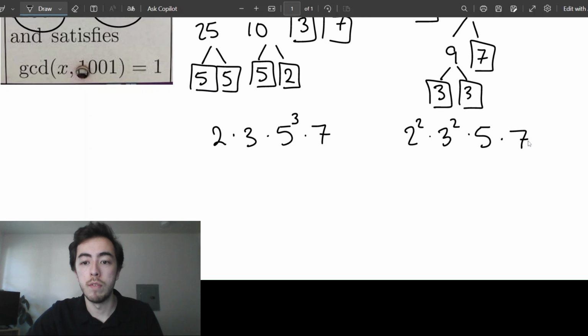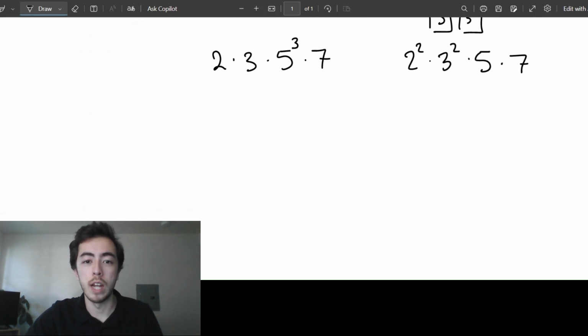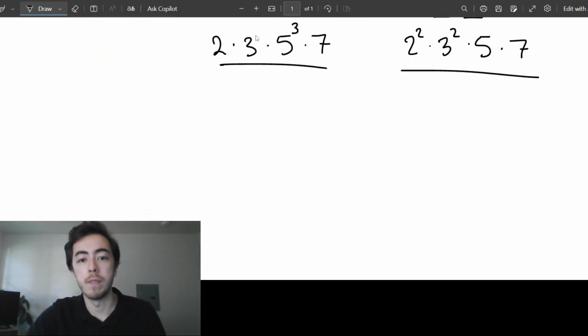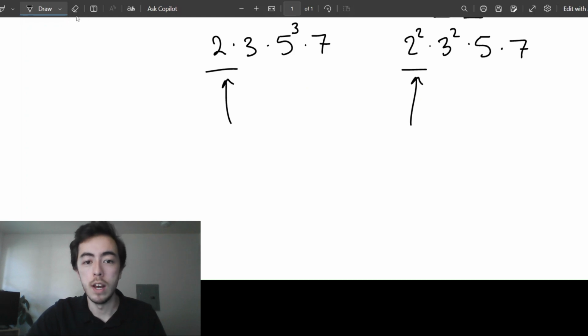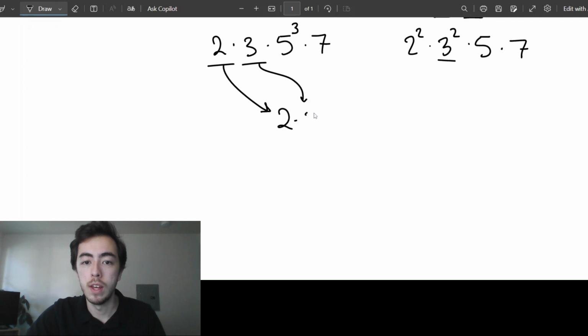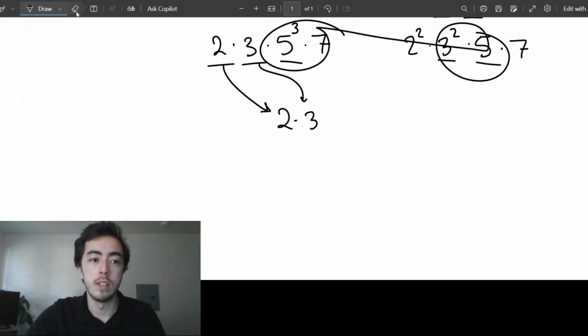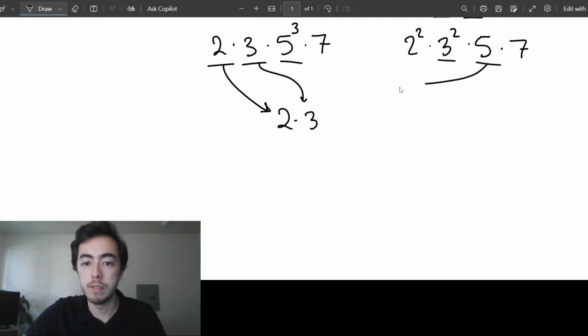So their greatest common factor is going to be a combination of these two prime factorizations, where I'm only allowed to take as many of each prime as the lesser of the two. For example, I have one 2 over here and 2 times 2 over here, so to construct their greatest common factor, I'm only allowed to pull the one 2. Same thing goes with the 3s. For the 5s, this number has more 5s, this number has fewer, so I'm only going to pull one 5.